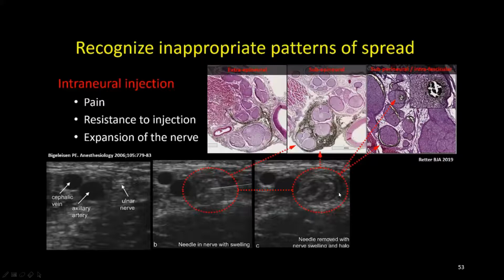Along with that, after removing the needle from the nerve, you can see there is a swelling of the nerve along with a halo structure around the nerve. So this can either be an extra-epineurial, a sub-epineurial, or an intravascular injection.